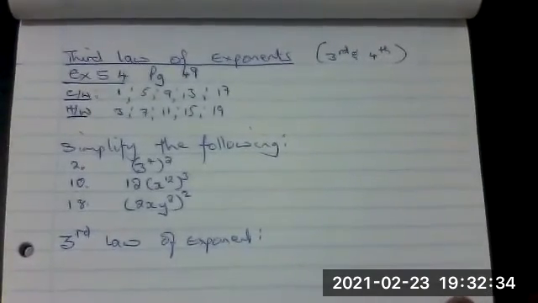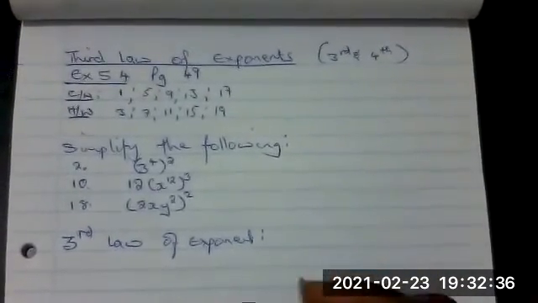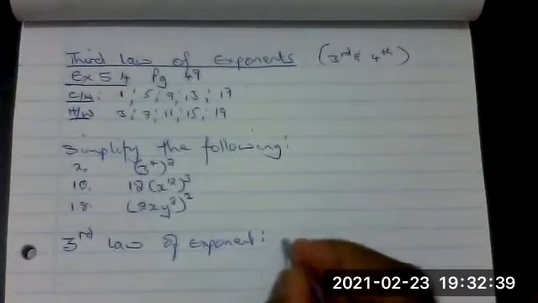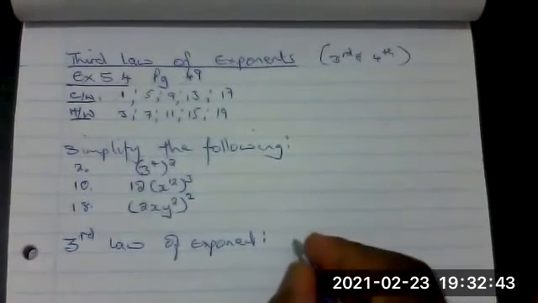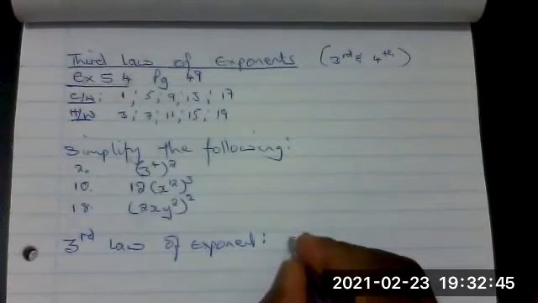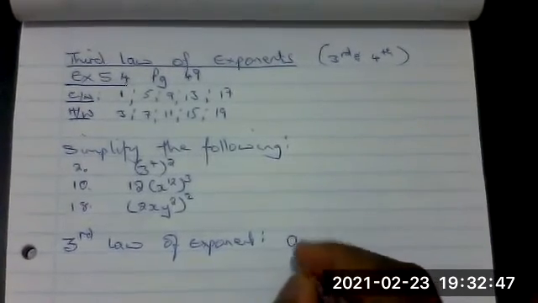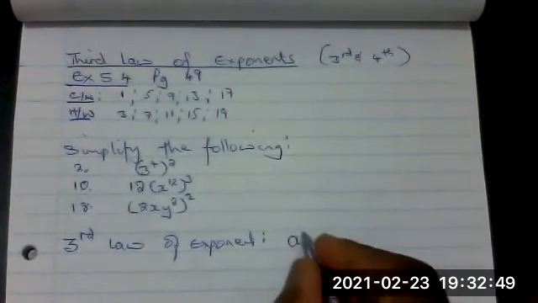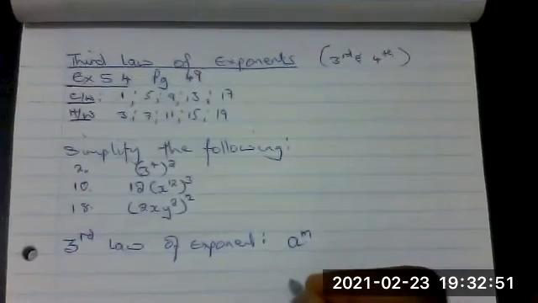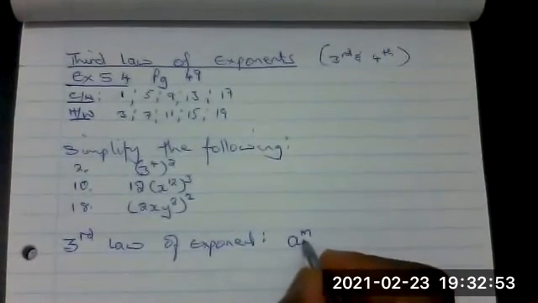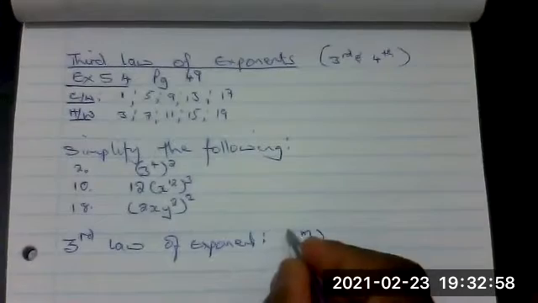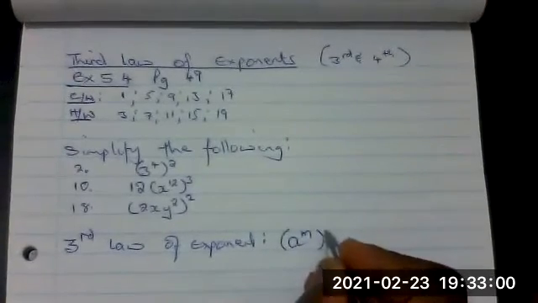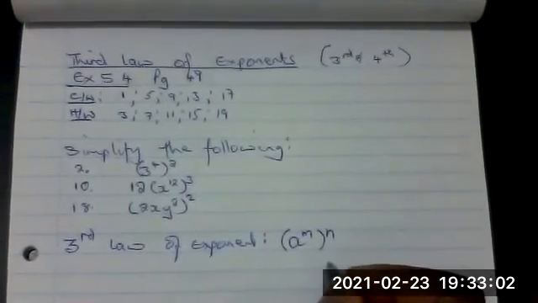When we are looking at the third law of exponents, it says that if we have, for example, a as our base, which is raised to exponent m, that's a raised to exponent m, and then this number is raised to exponent n.